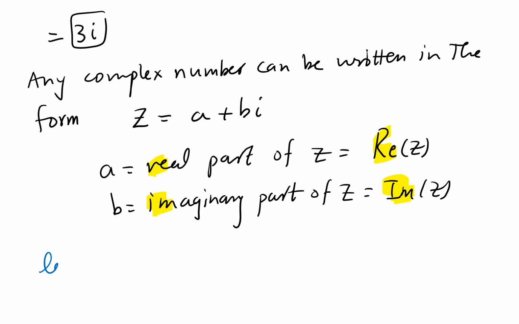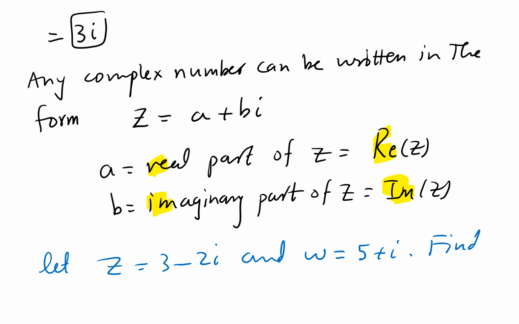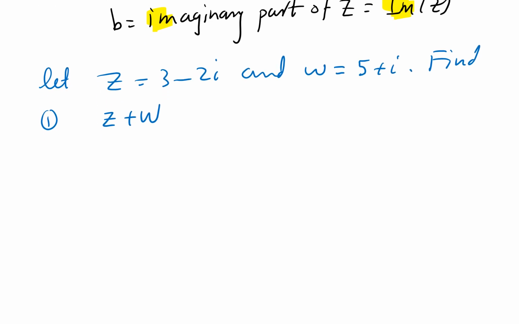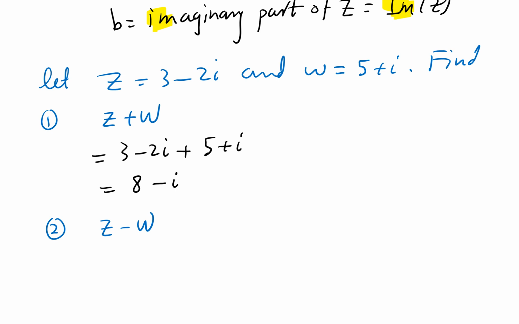In complex numbers, we can perform operations. If we let z be the complex number 3 minus 2i, and let's take another complex number, call it w, 5 plus i, we can be asked to add these complex numbers or subtract them. To add, we get 3 minus 2i plus 5 plus i. 3 plus 5 is 8, minus i.